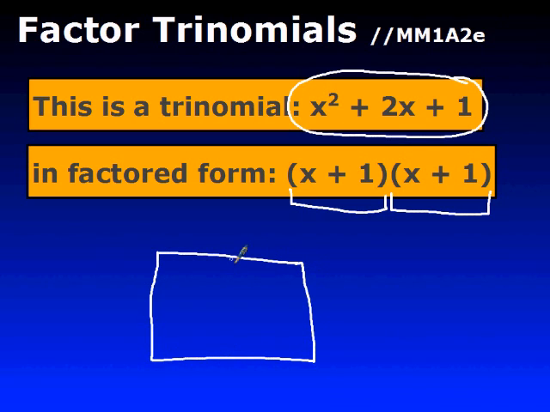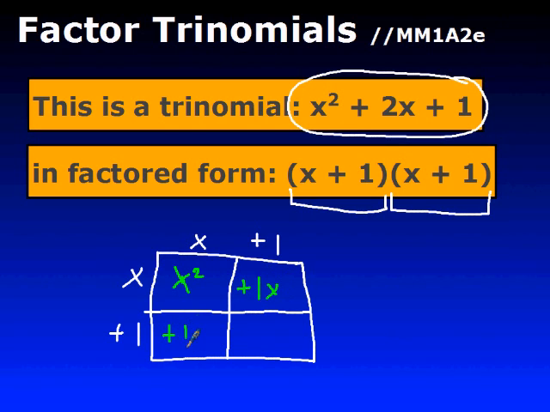As many of you know in my class, I'm a big fan of the area model method, multiplying polynomials x plus 1, x plus 1. Let's do some multiplying. X squared plus 1x plus 1x plus 1.